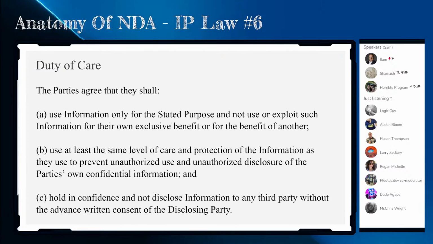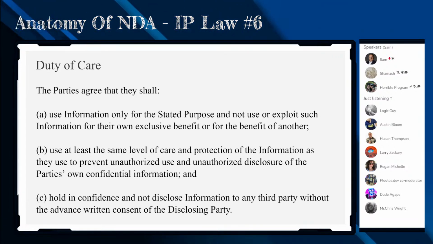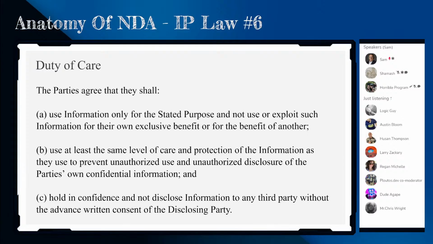So we have defined information. What should the receiving party do with this information? Duty of care. Use information only for the stated purpose and not use or exploit the information for their own exclusive benefit.